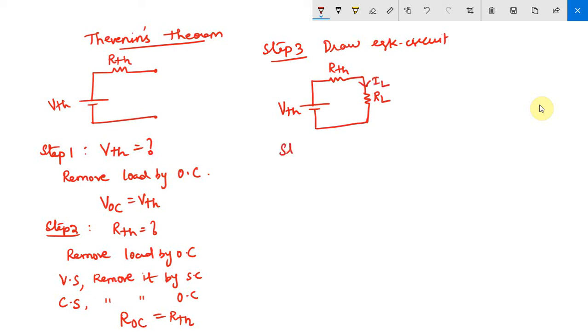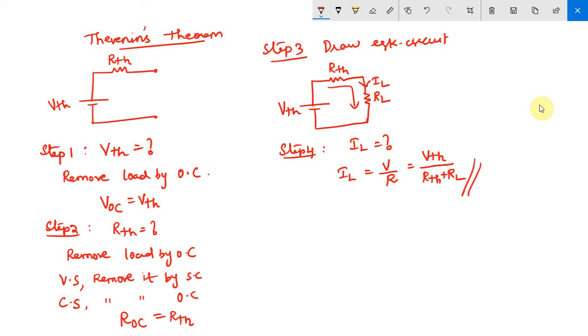Then step 4, we find the load current IL using Ohm's law, IL equals V divided by R. Here V is the applied voltage, that is the Thevenin's voltage VTH, and R is the total resistance. Since RTH and RL are in series, the total resistance is RTH plus RL. This is the formula we use for finding the load current IL.